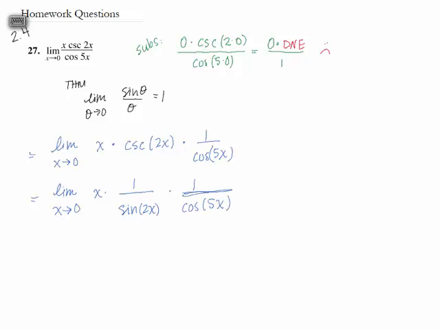It's no problem to take the limit of cosine of 5x as x goes to 0. The problem shows up when we're trying to take the limit as sine 2x as x goes to 0. That's where we get a 0 in the denominator and we cannot evaluate the limit.